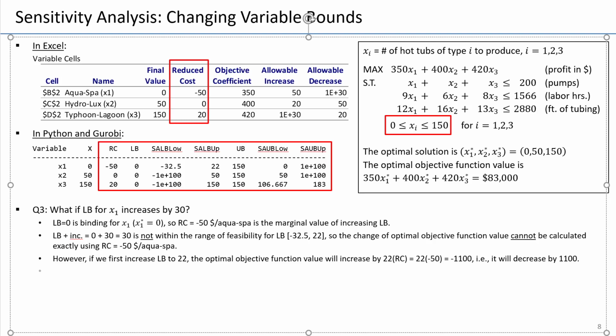Now, a further increase in this lower bound is a further restriction of the model. How do I know this? Because if I'm increasing a lower limit, I'm reducing the size of the feasible region. I'm removing some feasible solutions, they become infeasible.